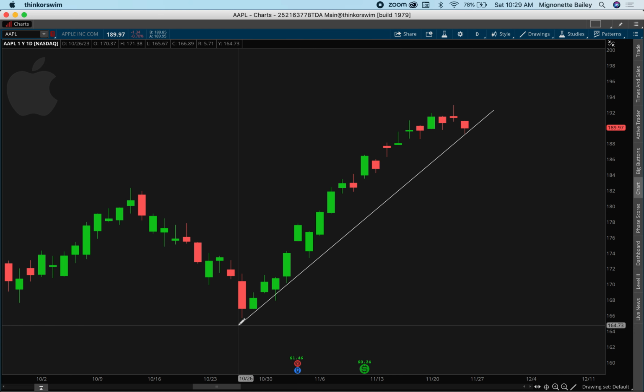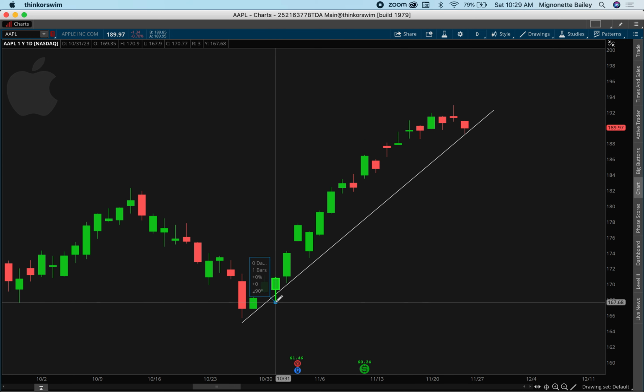I'm not that picky about it, because the purpose of the trend line is to maximize touches. The more that we're touching a trend line, the stronger that trend is. And right here, we're touching, touching, touching. That really to me is more of what I'm looking for.